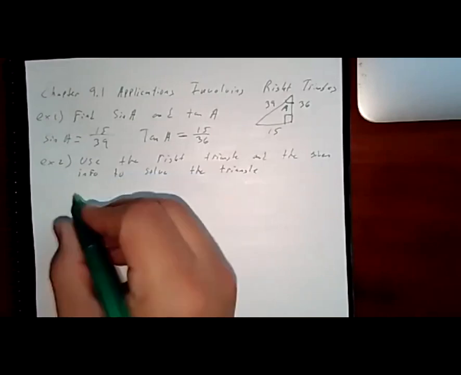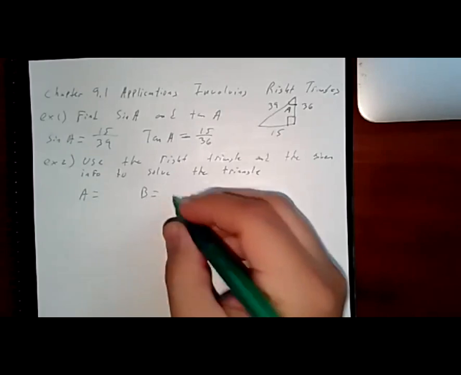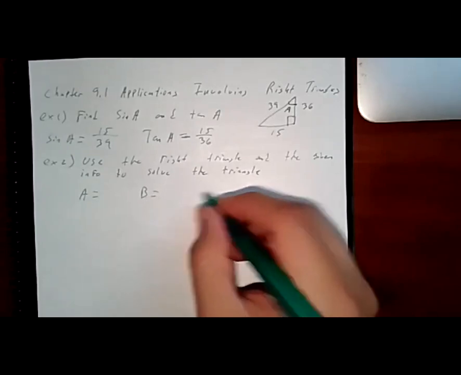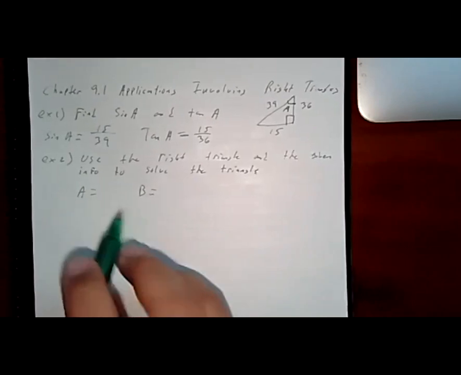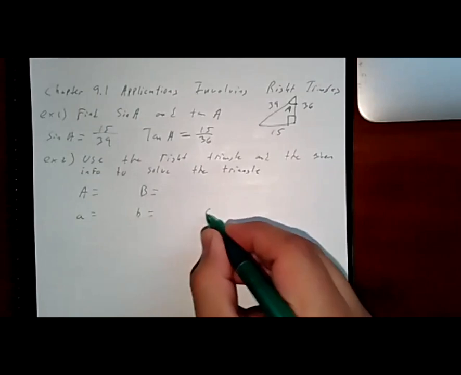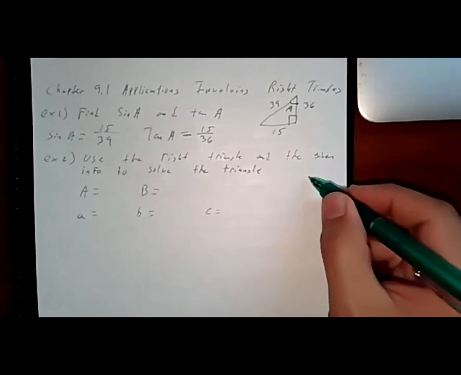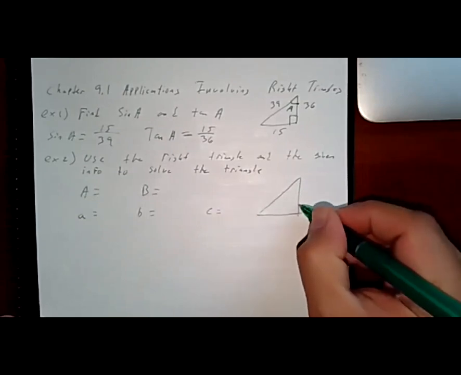So we're going to find capital A, capital B, and of course, the other angle was 90 degrees. So capital letters will be the angles. The lowercase letters will be the sides and hypotenuse. Here is the triangle, right angle.